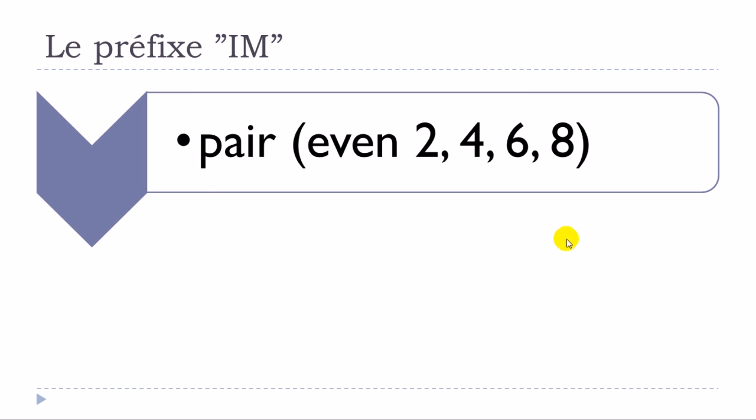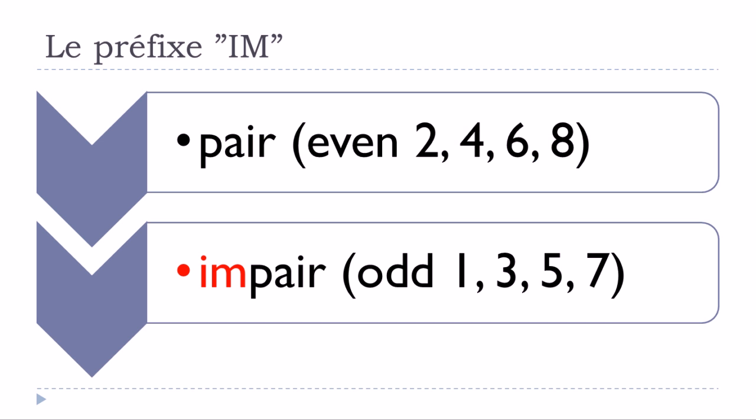The first one is pair. The meaning is even, and I just put some numbers to make it clear that we're talking about numbers. So 2, 4, 6, 8. So pair, and if you want to express the without, you will use this impair.